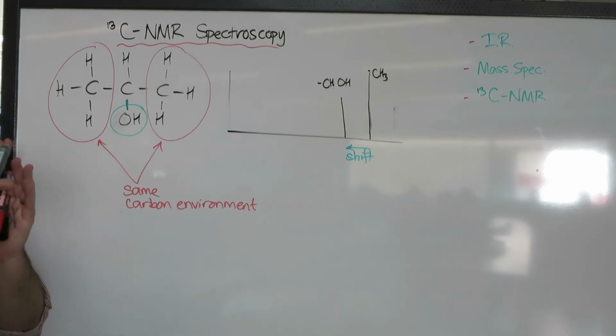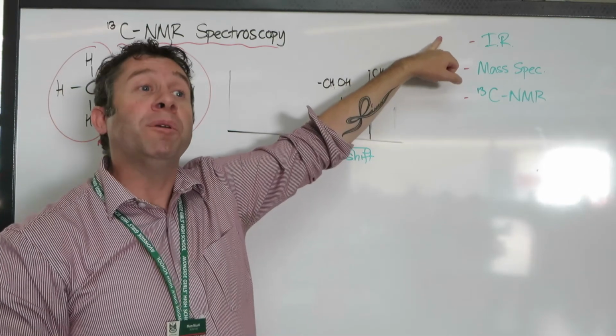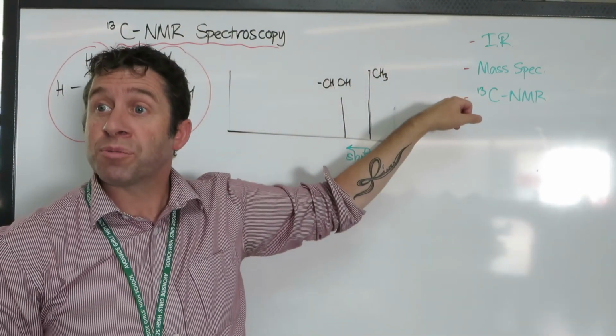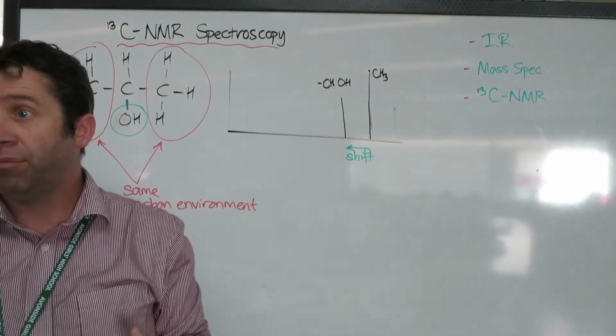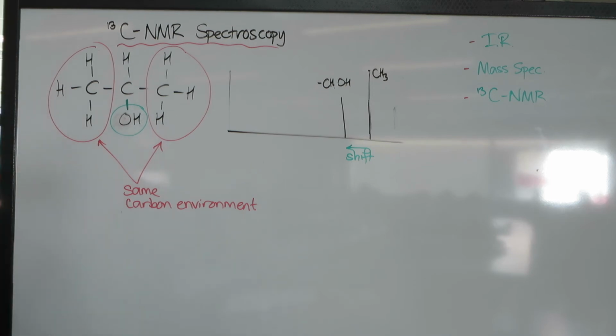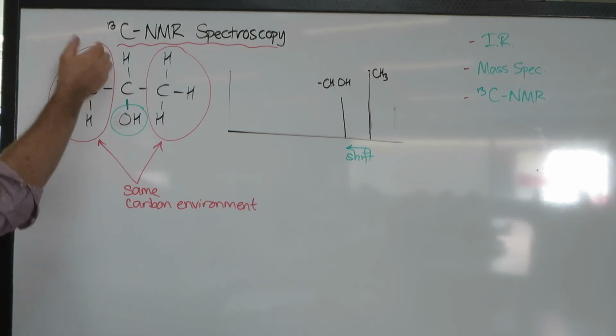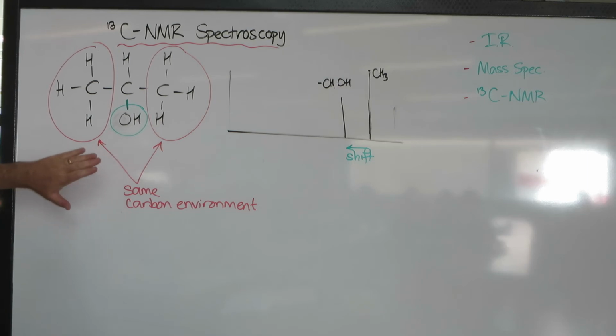Some of them do overlap, so you can't use NMR as your only thing to work out what the functional group is. But once you pair it up with infrared, you can be really confident that you've got your functional groups right. Then when you match up the mass spectroscopy, you can confirm that, because the fragments would match what you thought. So we would expect to see a fragment of 15 and then the rest of the molecule, for example, in mass spec. So what we're looking for in NMR is how many carbon environments.